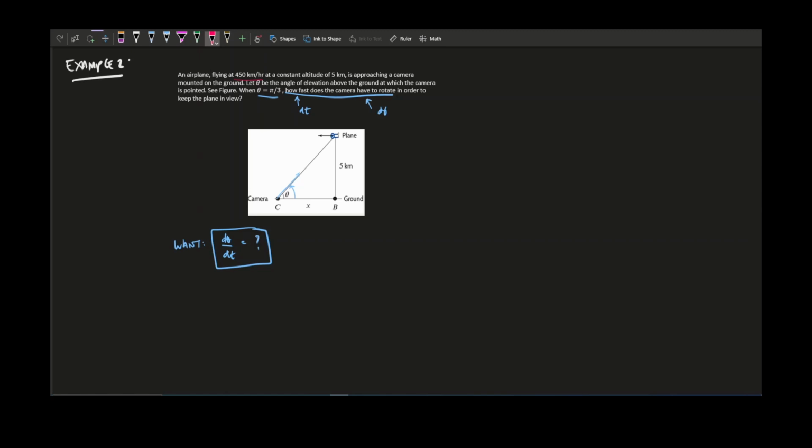So we're going to name this distance between C, where the camera is, and this point under the plane, X. So then this rate that was given, 450 kilometers per hour, is related to this distance X and the fact that it's shrinking with respect to time. And so we know that for X, its change with respect to time is negative 450 kilometers per hour.